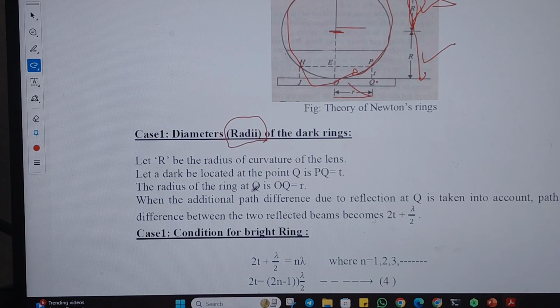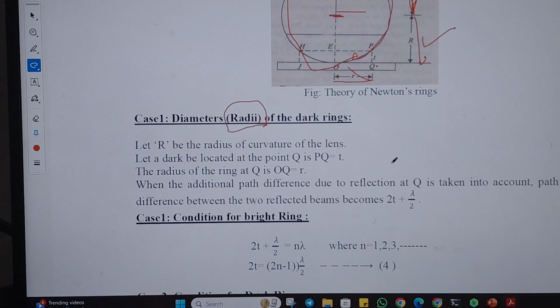Then the radius of the ring, Q is the radius of the ring, and OQ, the distance between O and Q, is small r. So what will be the additional path difference? We are explaining here that, at the reflected point Q, we take into account the path difference between the two reflected beams.